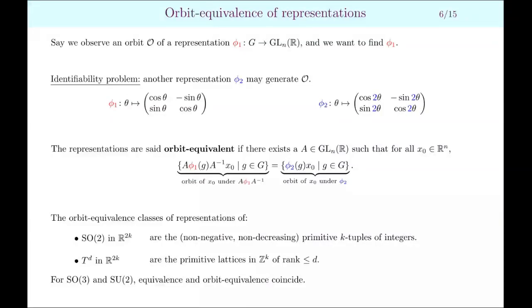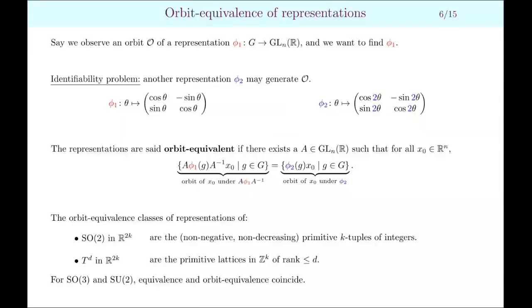It is not too difficult to see that for SO2, the orbit equivalence classes are in correspondence with the primitive tuples of integers, the tuples with trivial GCD. So we kill the repetitions of the frequencies. For the torus, this generalizes to the primitive lattices. And for SO3 and SU2, it turns out that orbit equivalence and equivalence are the same thing. All right.